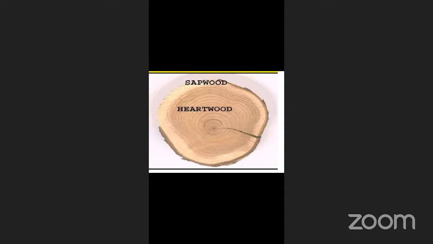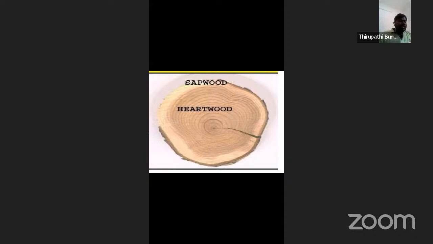Write down, students: sapwood another name alburnum, heartwood another name duramen. Duramen or hardwood is the central portion of the stem, the central dark region.